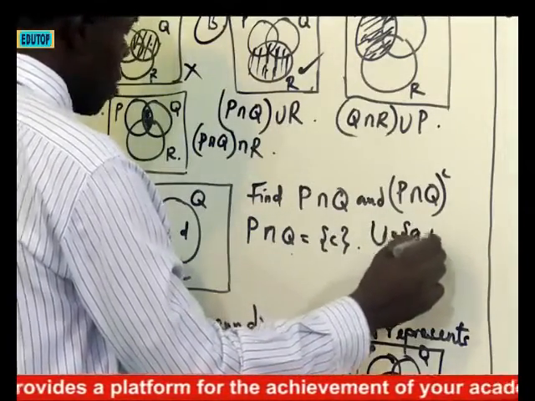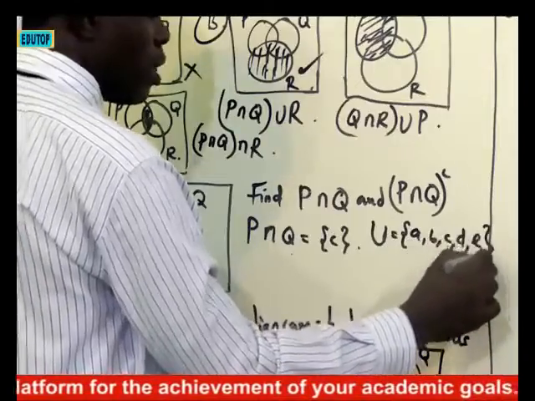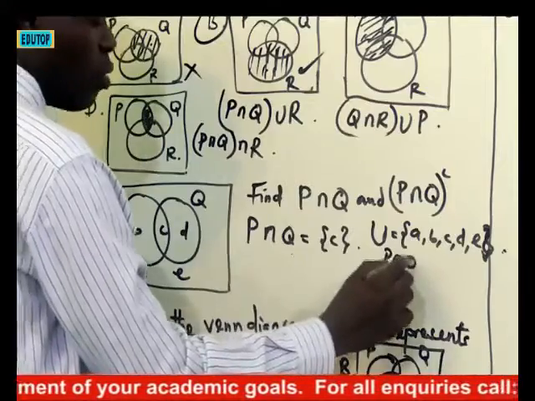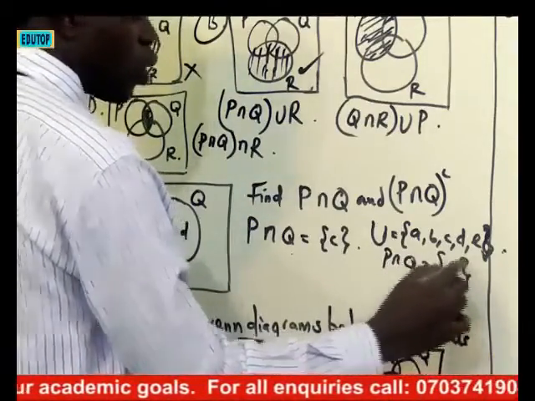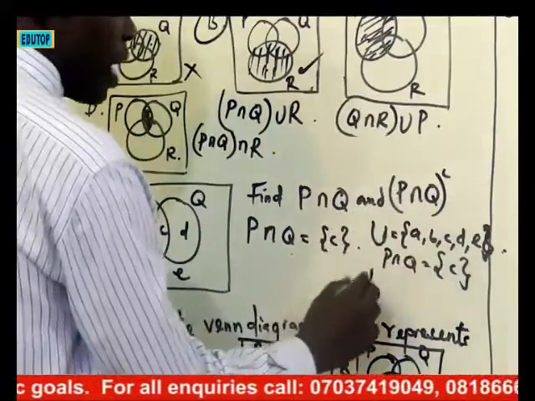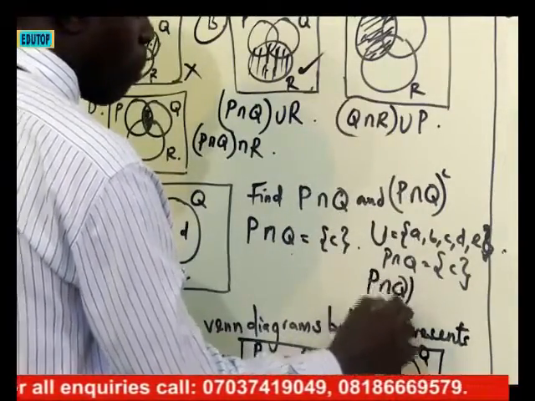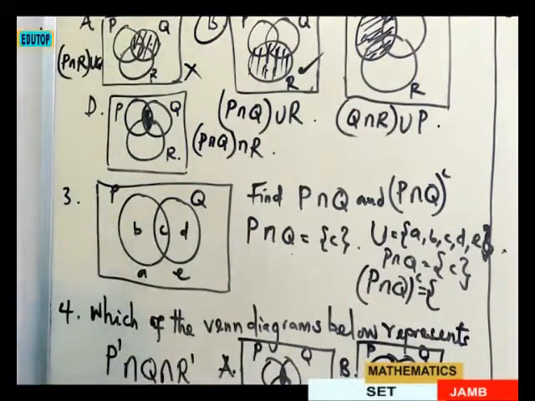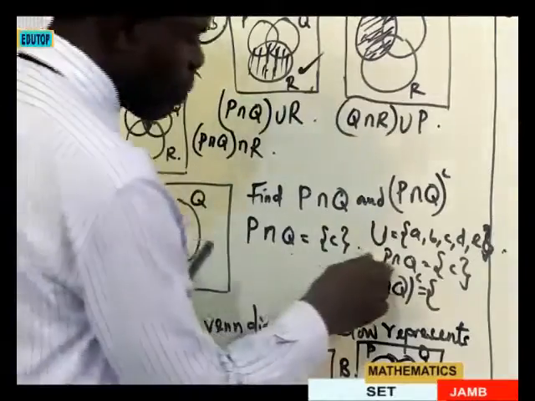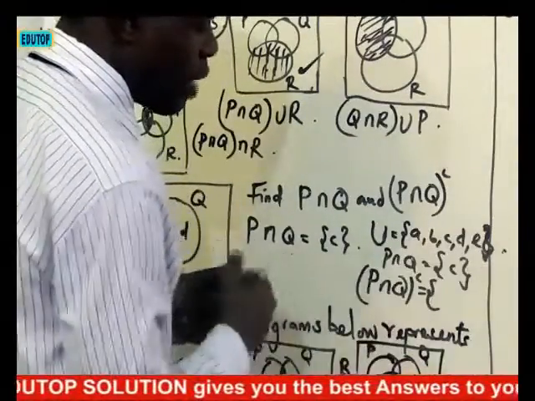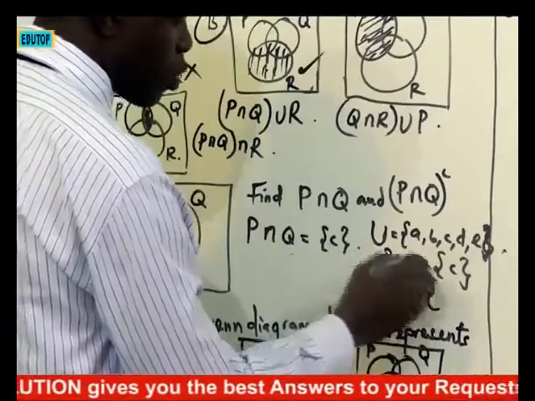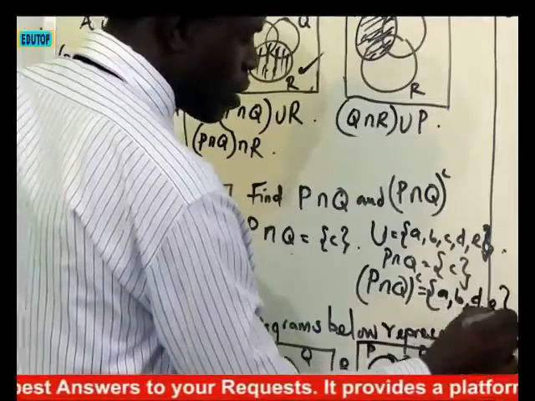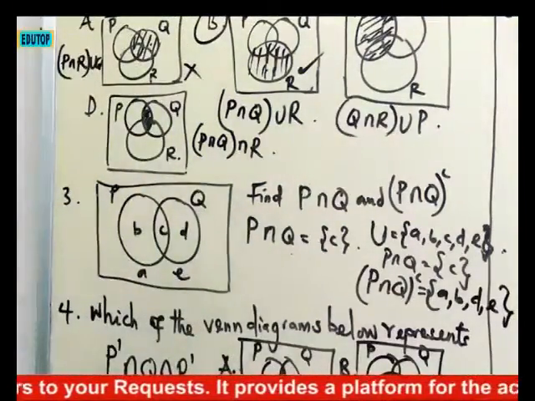So A, B, C, D, E. Now, we know that P intersection Q is C. So P intersection Q complement will now be everything that you have in the universal set that is not in P intersection Q. Since P intersection Q is C, every other thing will definitely be P intersection Q complement. So it will be A, B, then D, then E. So that is the answer to that very question.